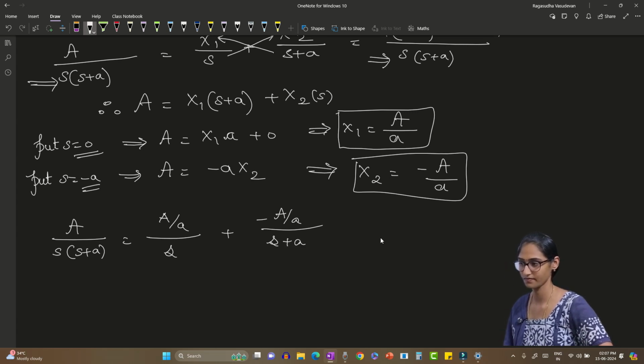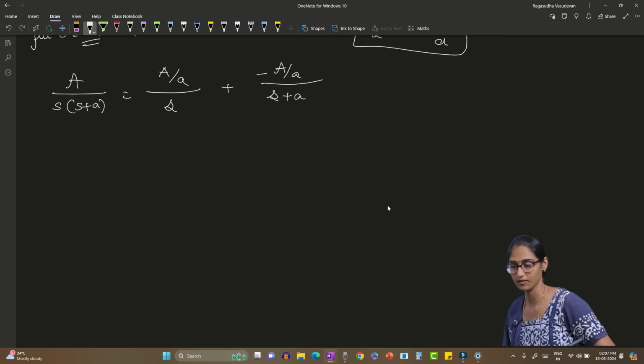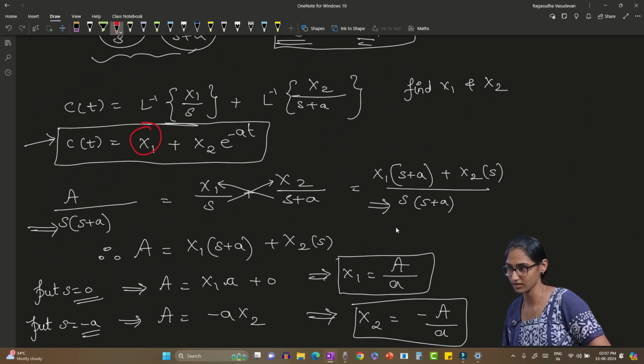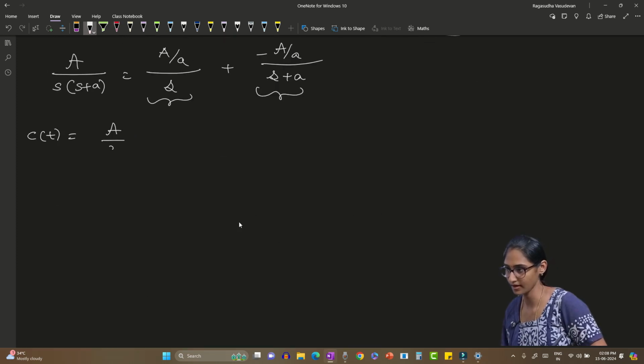So now what is the time domain response c of t? This will be the Laplace inverse of this plus the Laplace inverse of this, which we did earlier. We can now substitute the value of x1 and x2 right away: A by a minus A by a e to the power minus at.